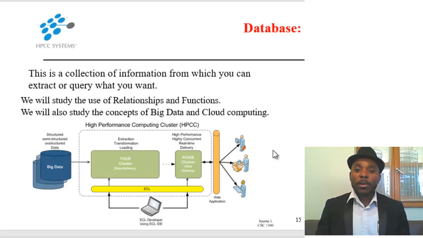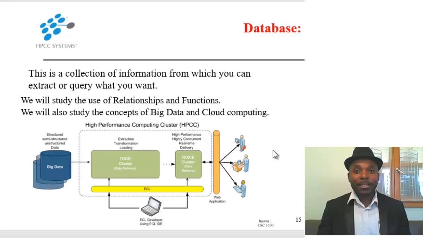Now, the next topic that we're going to cover is database. A database is basically a collection of information which you can extract or query what you want. And we will study the use of relationships and functions. When I talk about relationships, I'm not referring to boyfriend, girlfriend relationships. We will also study the concept of big data and cloud computing.